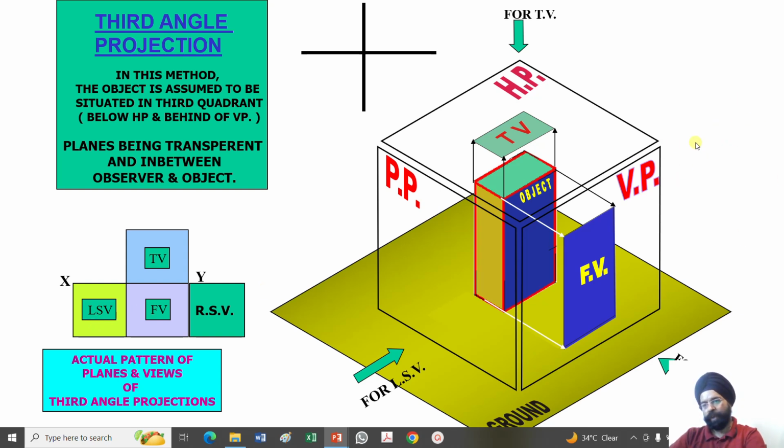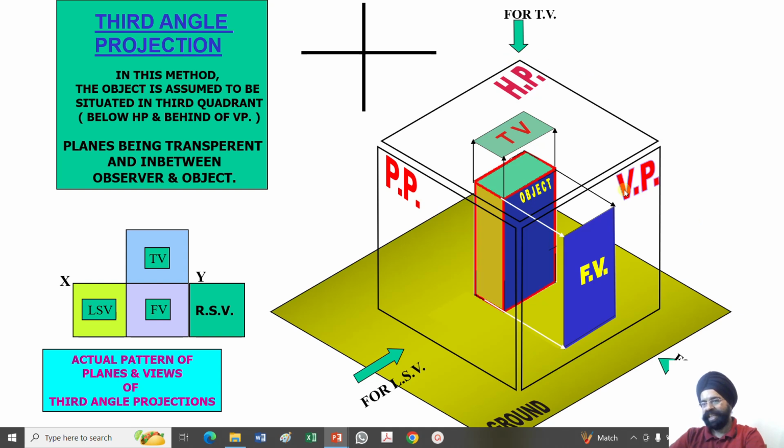Whereas if I look at this object from the right hand side, this is my intermediate plane. So this will be my observer, intermediate plane, and then the object. The image of this object will be obtained on the intermediate plane, which is lying here, and the hinge will lie here. This hinge will open out on this side.